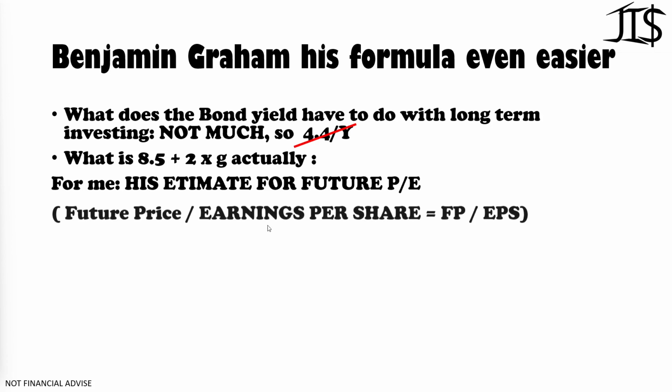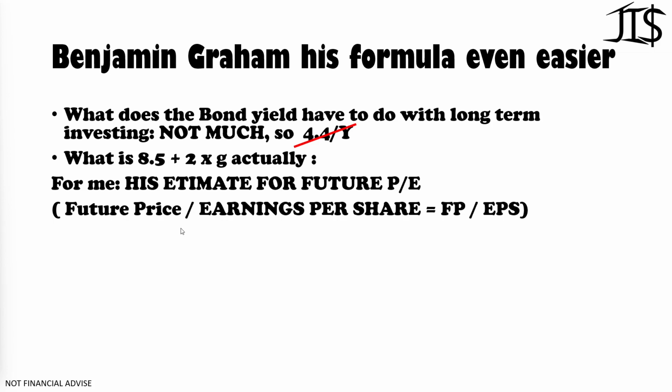And you can write it like this. So the future price divided by the earnings per share in the future is the future price divided by earnings per share. And what is actual formula is left after scrapping out 4.4 divided by Y, you have earnings per share times this formula, but you can write this formula as future price divided by earnings per share.